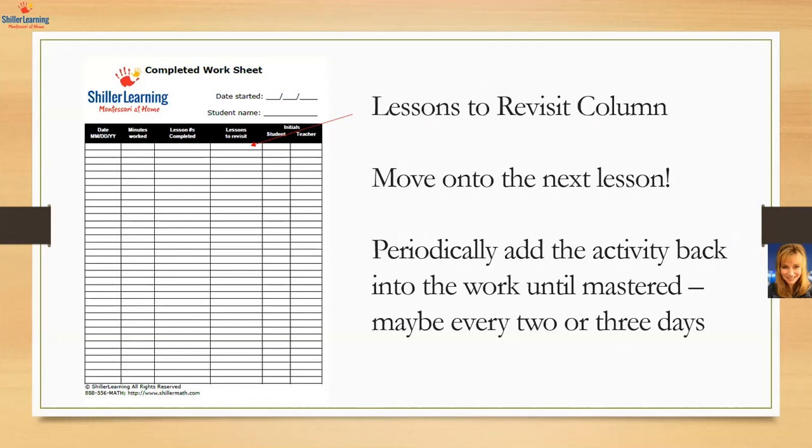And then once they are mastering that skill, we're just going to drop that off the lessons to be revisited and shift that over to the lessons completed, so that the repetition is going to be tailored to each individual child's needs. When they're picking up on things more quickly, they're going to move through the curriculum at an accelerated pace.